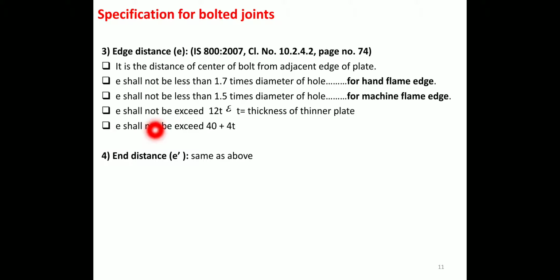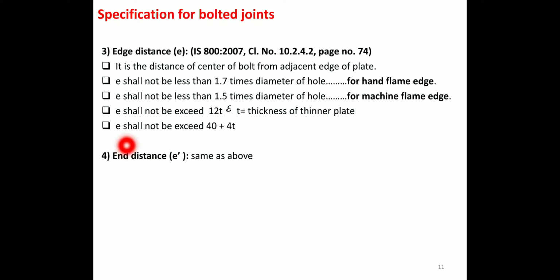Then E shall not exceed 12 times t into epsilon, where t is the thickness of the thinner plate. If two plates are used, one is 6 mm and the next one is 8 mm, then out of that, the thickness of the thinner plate is 6 mm. We can take this value into our calculation.